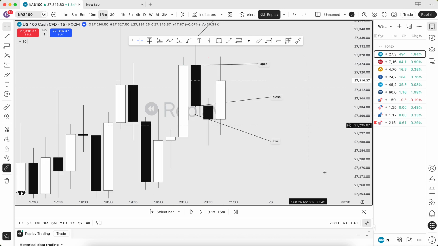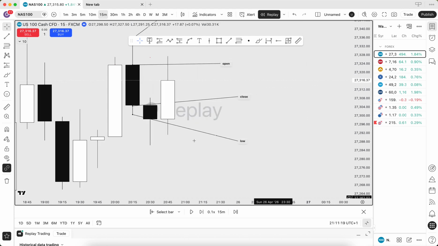Look at how it formed here. The next candle had to open from the previous close.